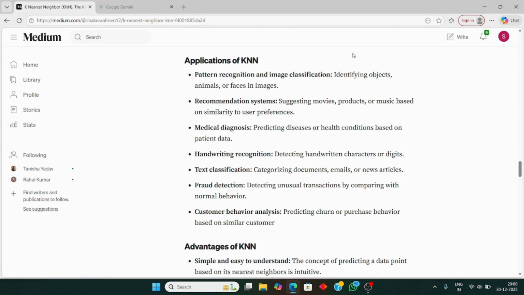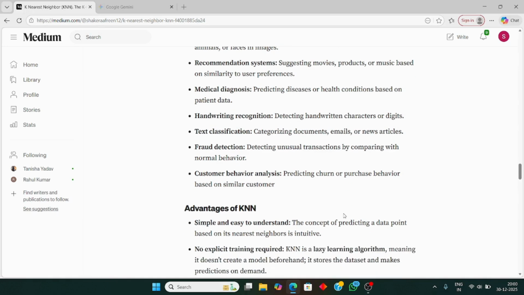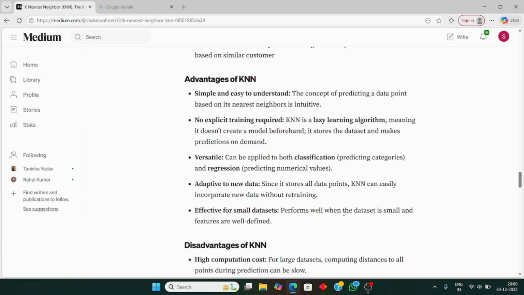It can be used for image recognition, identifying objects or patterns, and for recommendation systems, suggesting content and products, as well as customer behavior analysis and predicting purchase behavior.